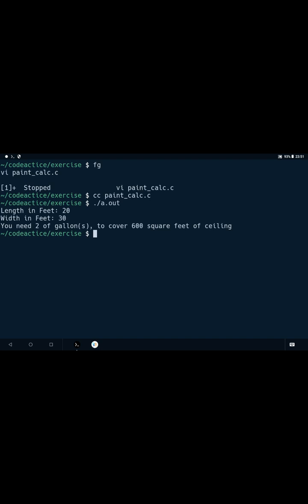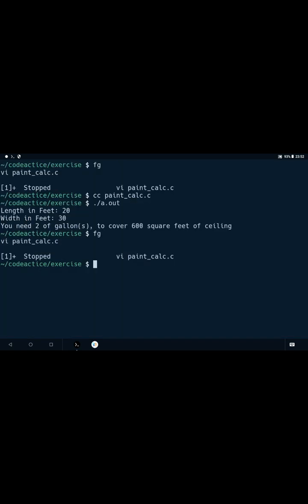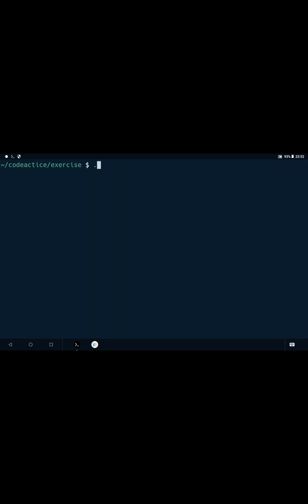You need 2 gallons of paint to cover 600 square feet of ceiling.